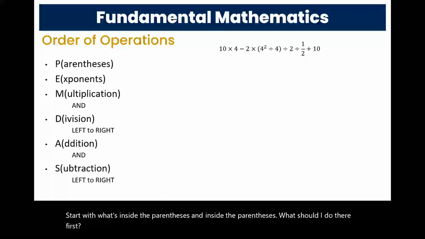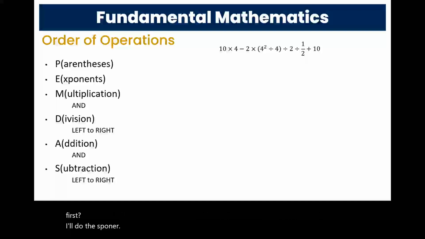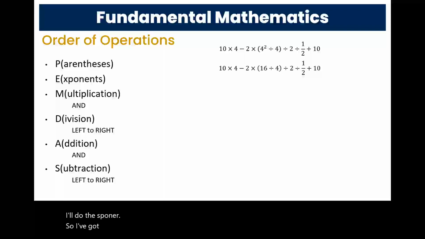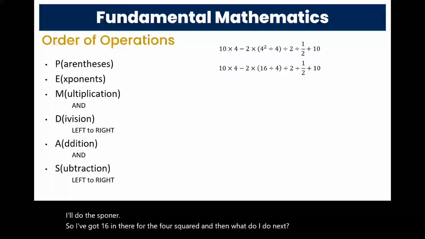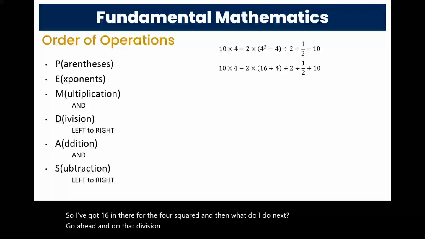I'll do the exponent. So I've got 16 in there for the 4 squared. And then what do I do next? Go ahead and do that division inside the parentheses. So I get 16 divided by 4, which is 4. Now what do I do?